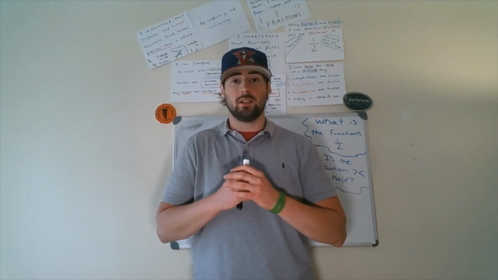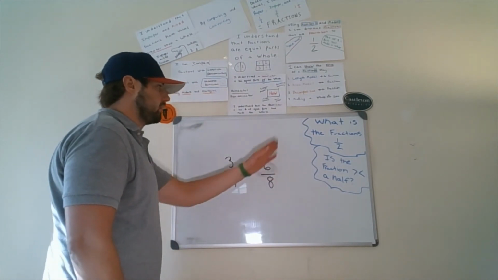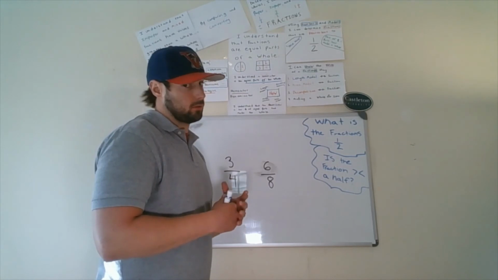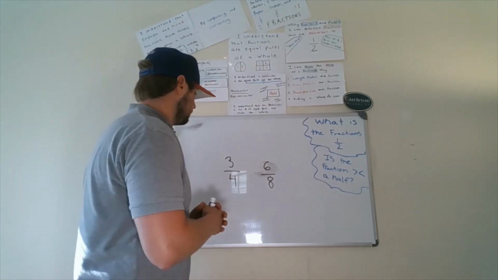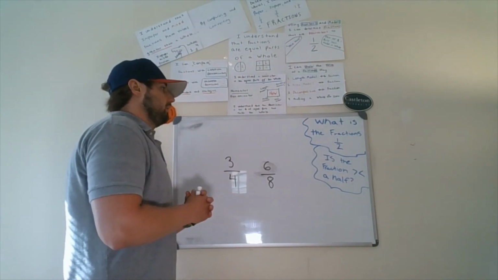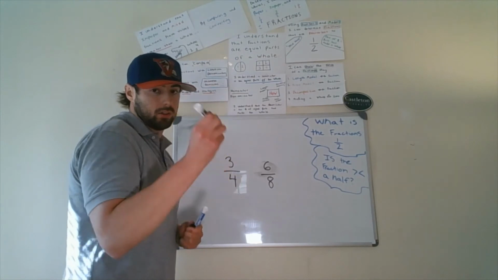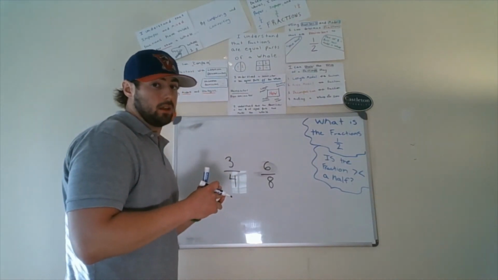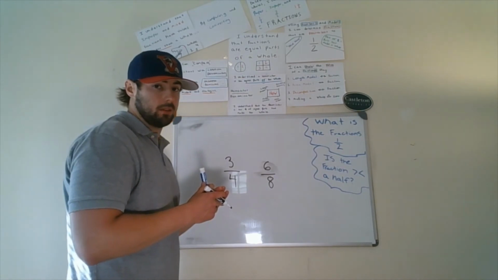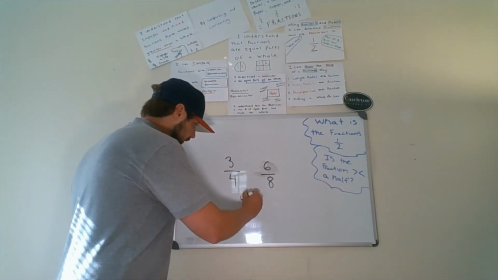Continuing on we do. Comparing 3/4 and 6/8 using that half strategy, thinking in halves. 3/4. The fraction that is half of 3/4. We always start with the parts that make the whole. In 3/4, how many parts make the whole? 4.